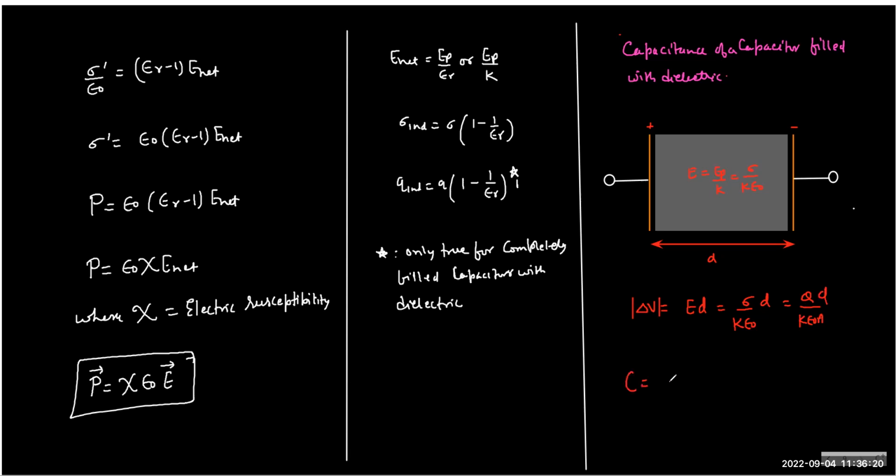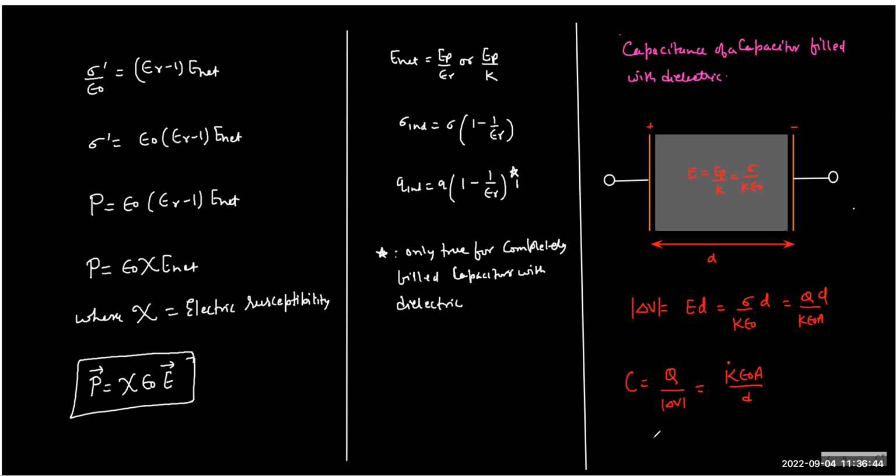The capacitance by definition is charge upon potential difference. And we are done. Nothing big deal about the formula. It is simply saying that the capacitance will increase by K times, assuming K is constant.